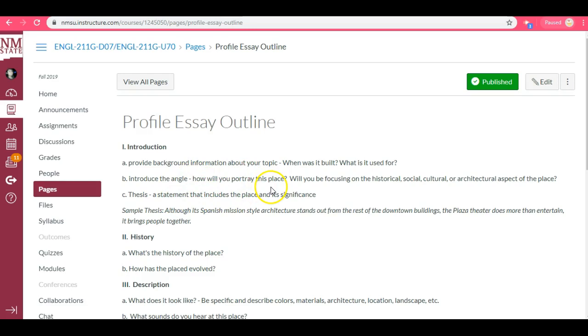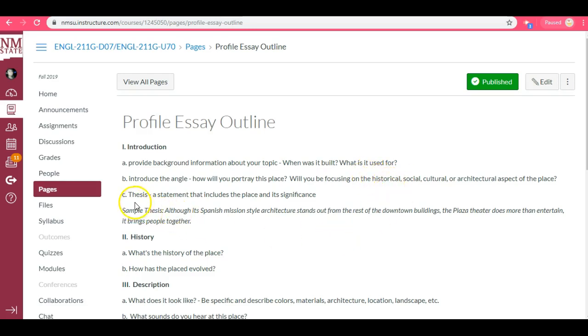How are you going to portray this place? Will you be focusing on the historical, social, cultural, or architectural aspect of the place? Again, if you're focusing on this place being a source of entertainment, then obviously you're focusing on the social. If you want people to see this for its historical significance, then obviously you're focusing on the historical.